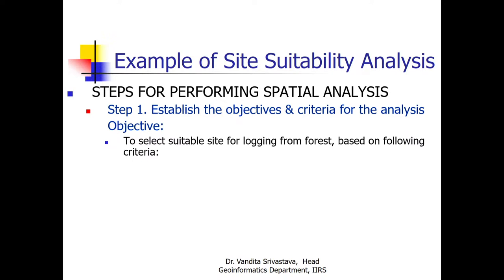So that there is no question on this logging task, and also I protect the environment. If that is my objective, then what kind of criteria could I set? Because I want to earn profit, I will say that I want to log specific species of trees from the forest. So let us say I wish to log only ponderosa pine to earn profits.